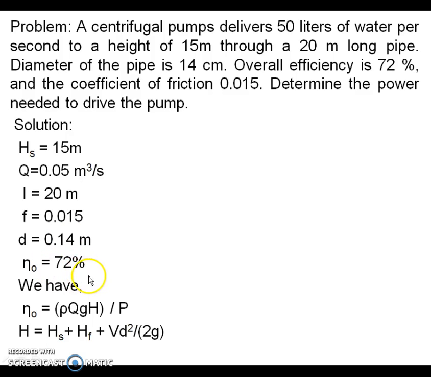We have the formula for overall efficiency, which is equal to rho g Q H divided by P. Rho is the density of the fluid, Q is the discharge, g is the acceleration due to gravity, and H is the total head developed, which is the sum total of suction head, frictional losses plus kinetic head imparted to the fluid in the delivery pipe.